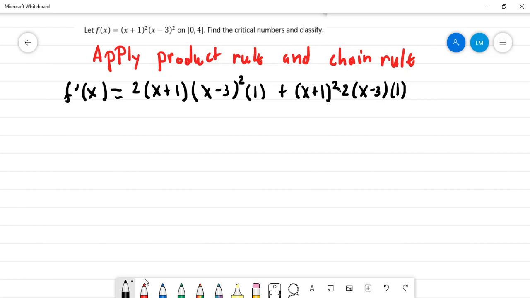Now, this looks kind of intimidating, but it's not that bad, because in actuality we can just factor as needed. We have a greatest common factor of a 2, and we can take out an x plus 1, and then we'll take out an x minus 3.